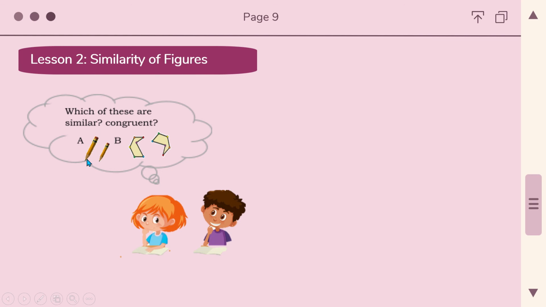They are trying to compare two pencils and two geometric figures. Which of these are similar and which are congruent? For letter A, there are two pencils, the longer pencil and the shorter pencil. For letter B, there are two geometric figures.